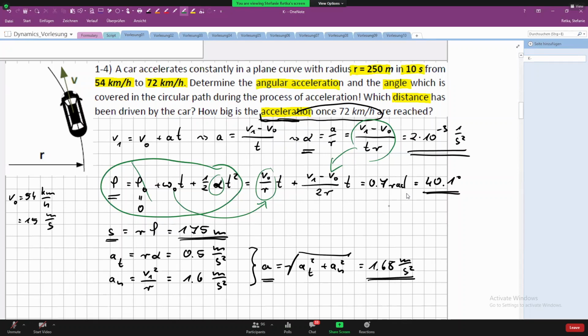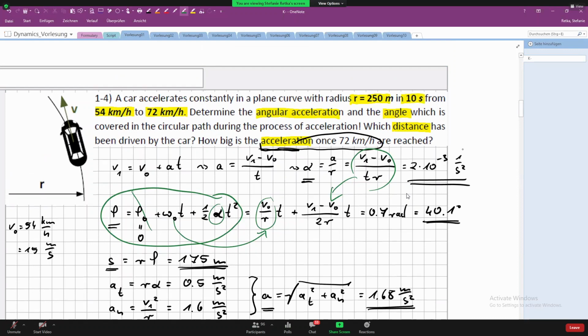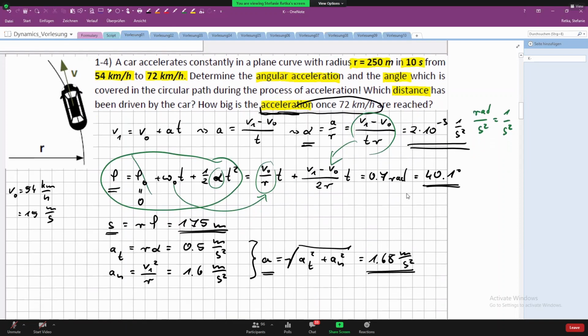But for the first question, it was just in degrees. Well, that's not degrees. That's also radians per square second. That's what I just said. Radians per square second is identical to 1 per square second. Okay. But it's not degrees per square second. There is no angle in this equation. There cannot be degrees per square second.